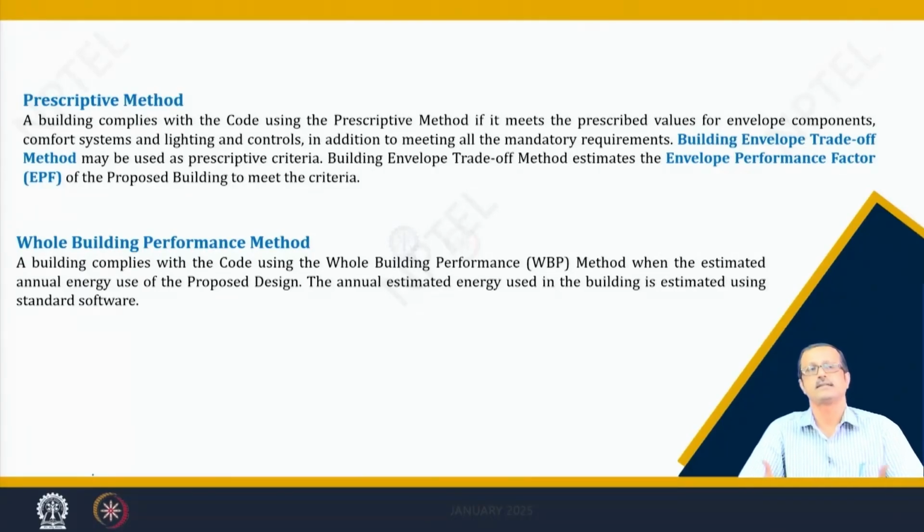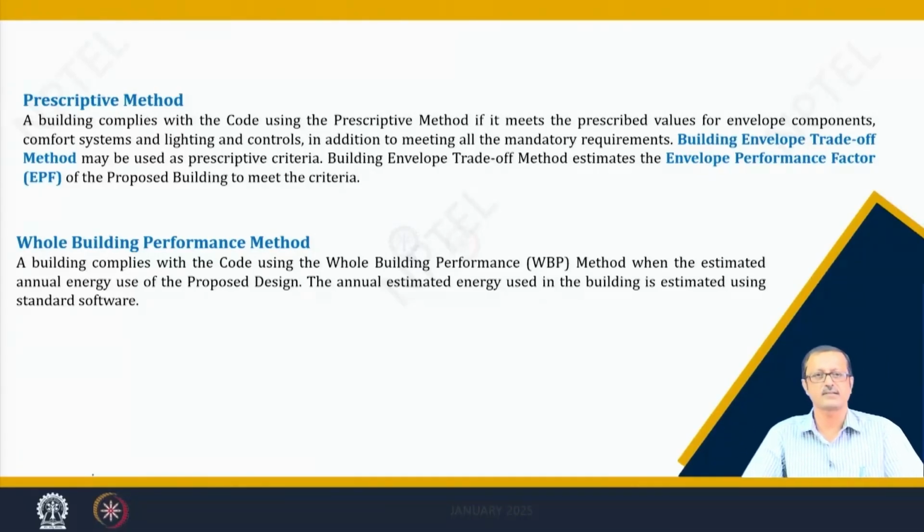But when you start any kind of design, sometimes that design may change, or you are not sure whether your design will be selected or not. So, at that particular stage, a whole building performance method is not very much required, because it requires time.